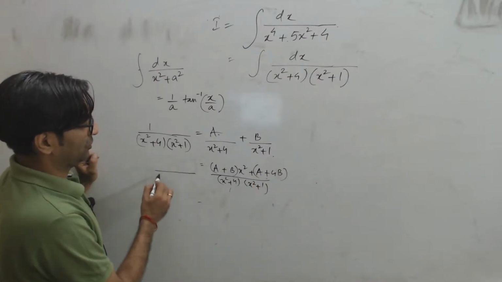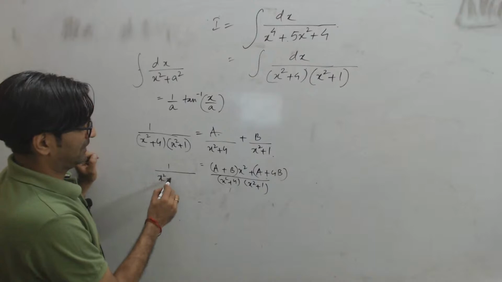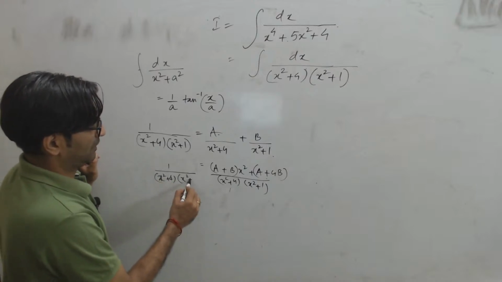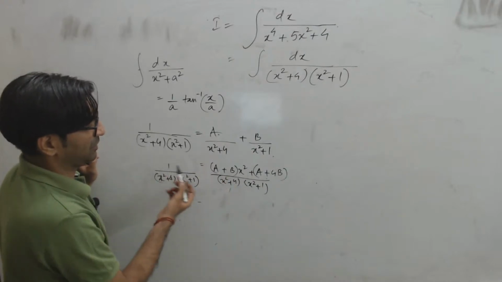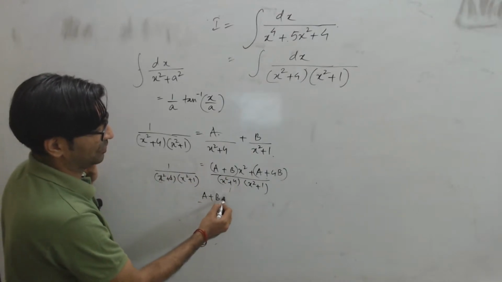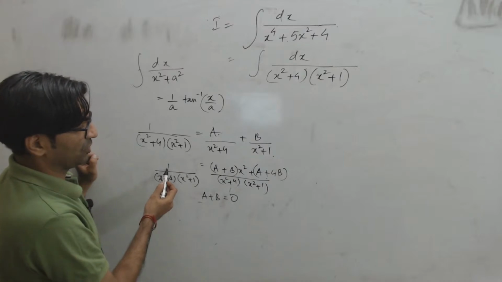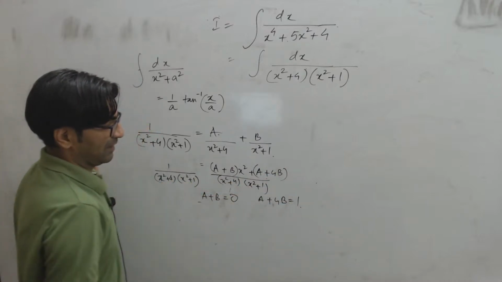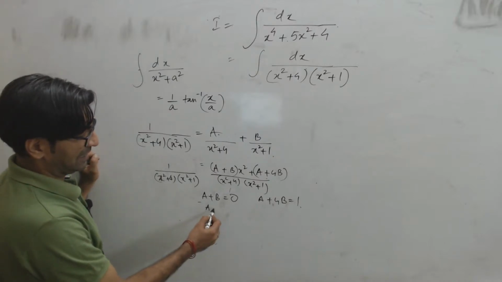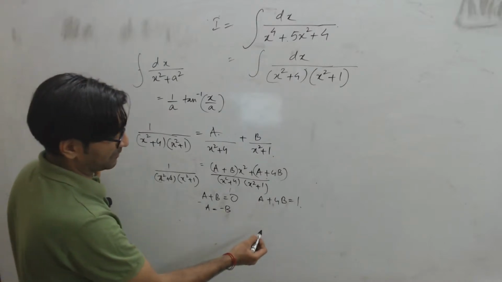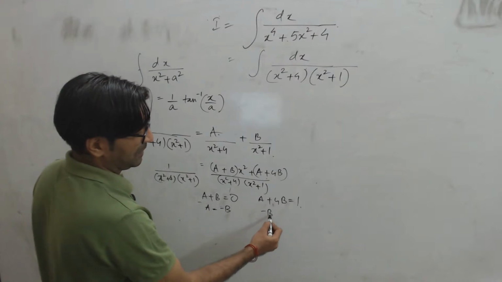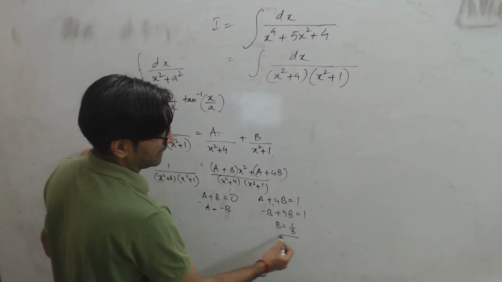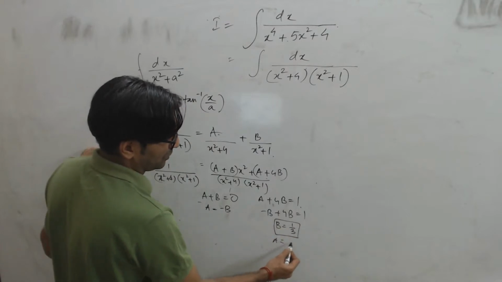And if you compare the right and left hand side, clearly the coefficient of x square is 0, which means a plus b must be 0, and the constant is 1, which means a plus 4b must be 1. From here, a should be the negative of b, substitute here. You'll get minus b plus 4b is equal to 1, means that b will be equal to 1 by 3. And so a would be equal to minus 1 by 3.